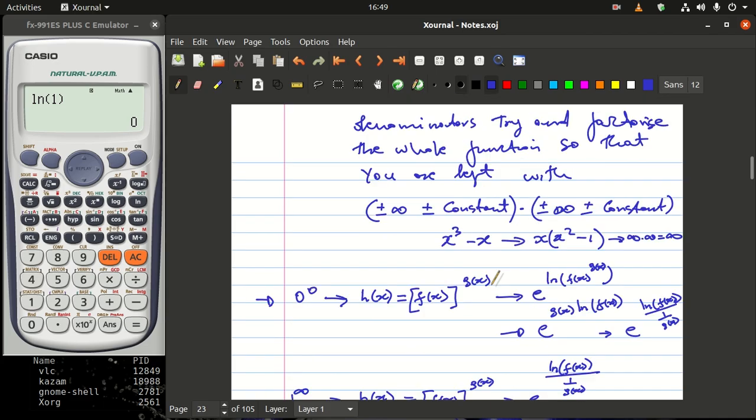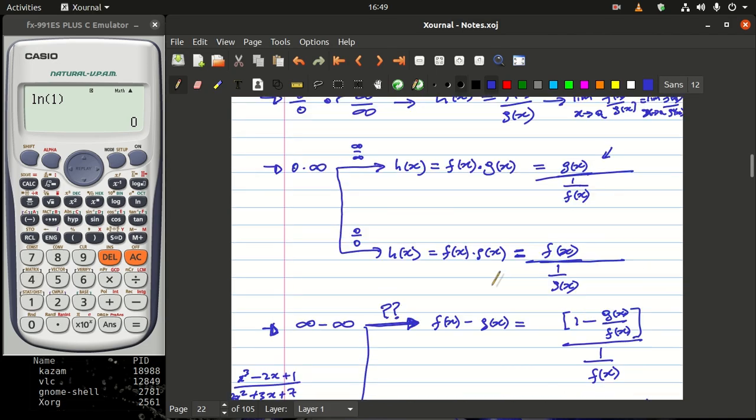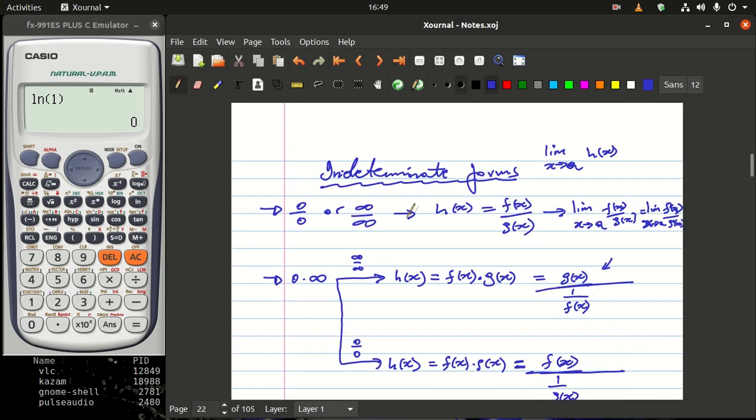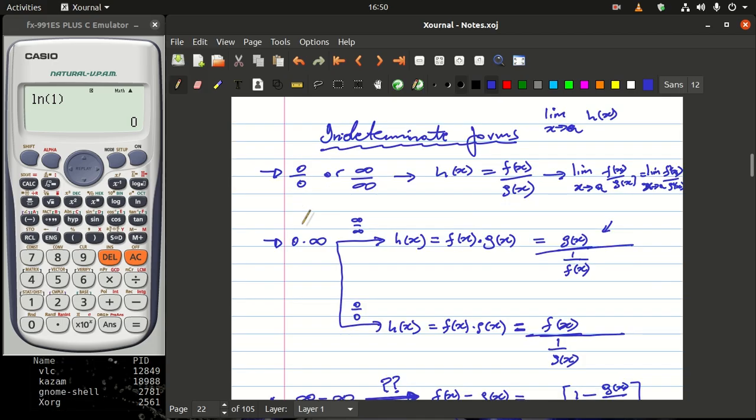Of course, this is the summary that I use when I am dealing with L'Hopital's rule and I want to use L'Hopital's rule rather than other methods. These methods are only useful if you are having 0 over 0, use L'Hopital's rule.